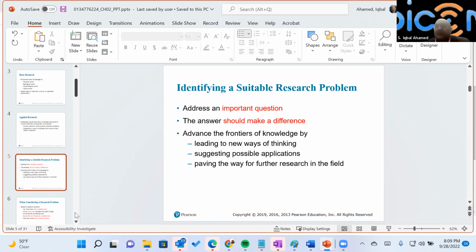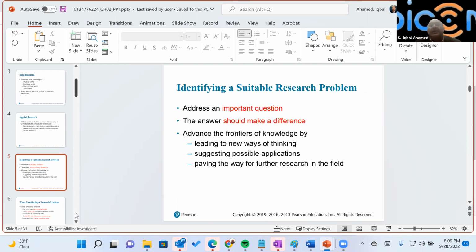For example, you are trying to find out why it happens for a specific type of cancer, and for that particular type of cancer, you are trying to see what's the cause. If the causes are not known, that's a research question, right? That's also an important question. You are trying to find out the cause.